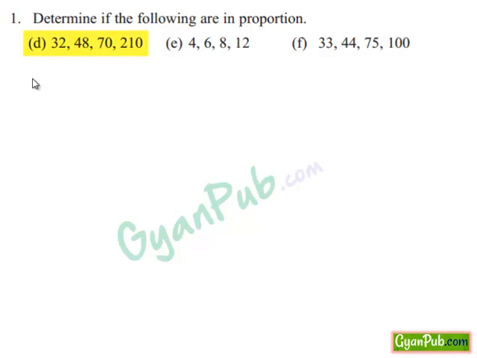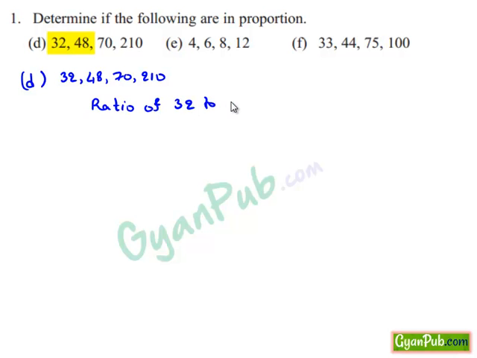Take down the D bit, that is 32, 48, 70, 210. First find out the ratio of 32 to 48. This can be written as 32 upon 48. Here 32 is equal to 2 times 16, and 48 is equal to 3 times 16.